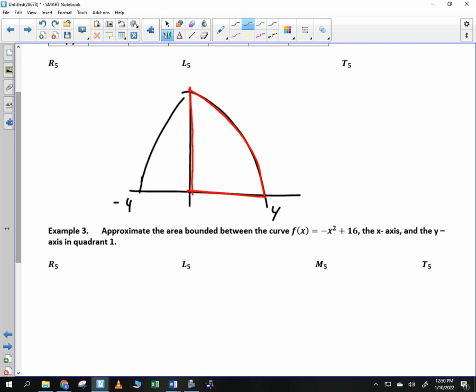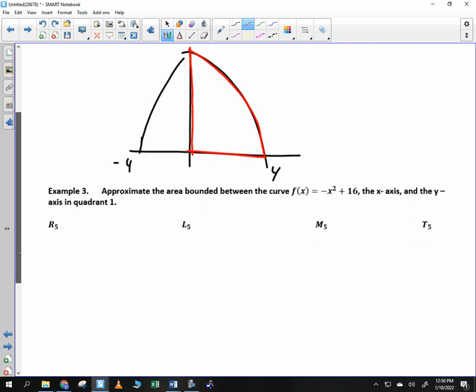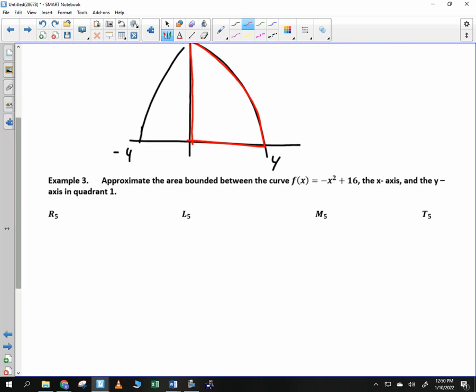How many rectangles are we dividing it into? 5 rectangles. So can somebody tell me what the width of each interval is going to be? 4/5. Very good. Do you want to use the decimal or the fraction? It's up to you. Okay, we'll use decimal.